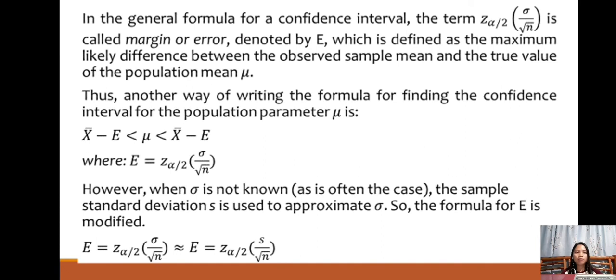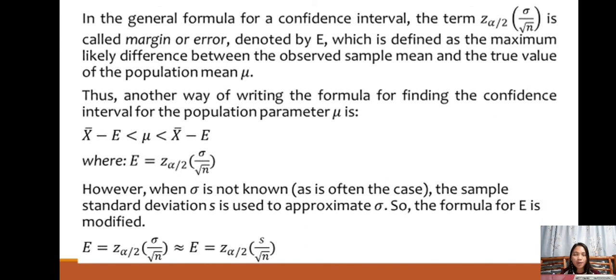In the general formula for the confidence interval, the term z sub alpha over 2 times sigma over square root of n is what we call the margin of error. This is denoted by E. It is defined as the maximum likely difference between the observed sample mean and the true value of the population mean.